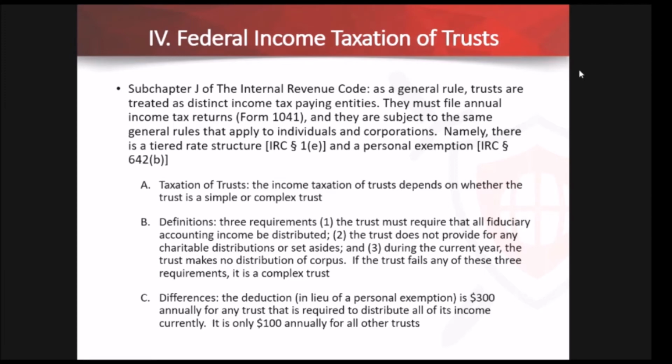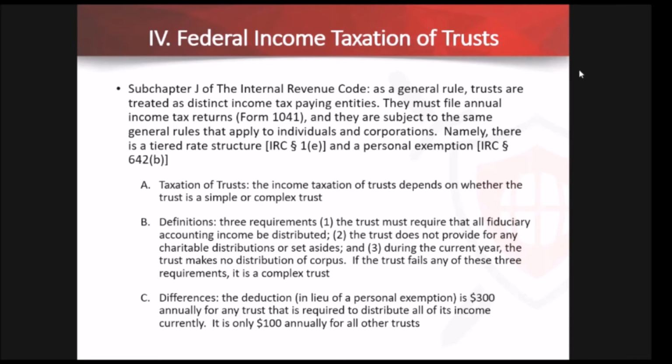The downside of that is if you push the income out, you don't have control of the assets, because once it's out in the beneficiary's hands, they're able to spend it however they want. It's exposed to their creditors and so on. So there's always a dichotomy at the planning level, how you want to structure these things. Do you want to have something which distributes all of the income in a given year, yearly?